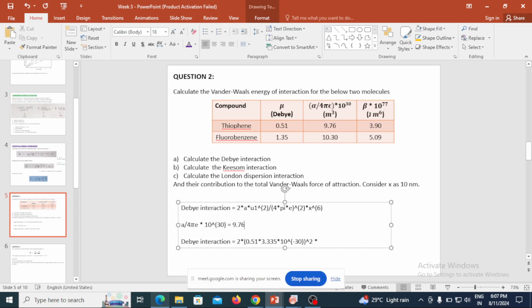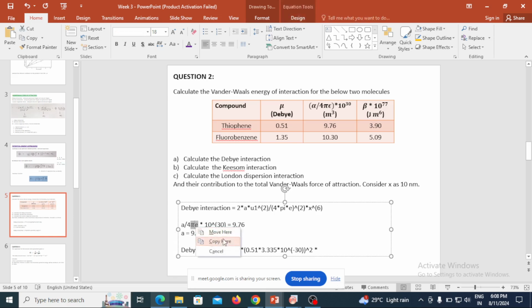So this 10 power 30 will go to the other side, so the value of alpha as such is 9.76 times 10 to the power minus 30 times 4 pi epsilon.